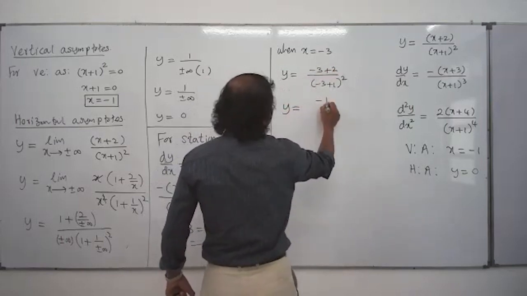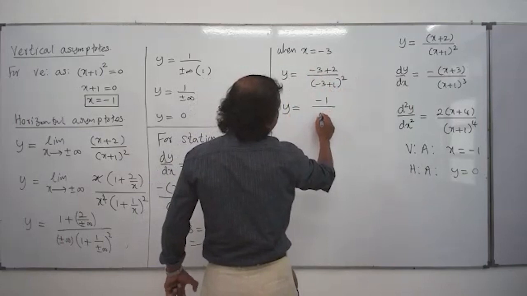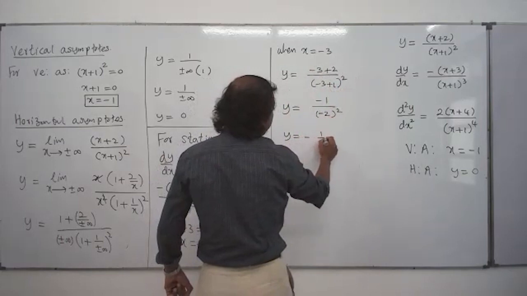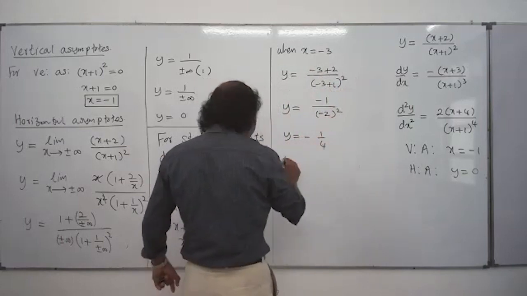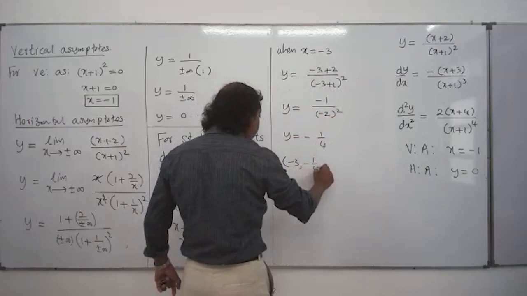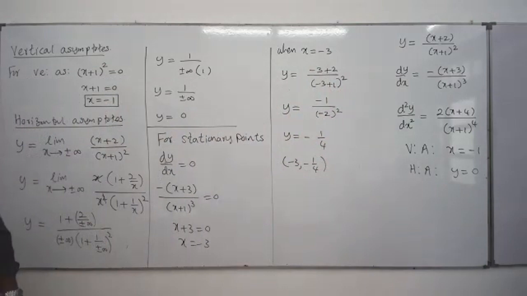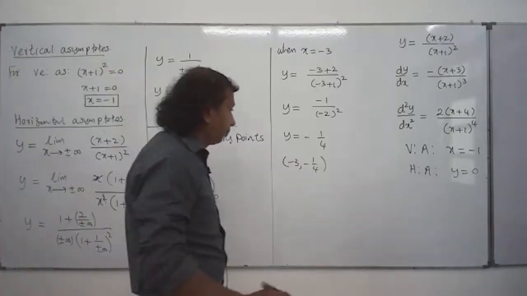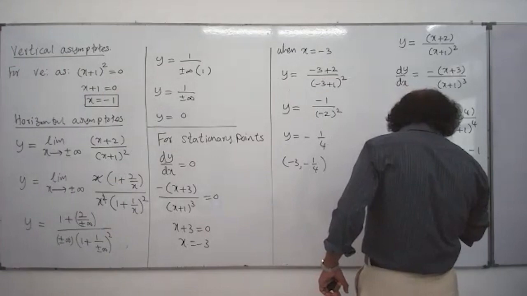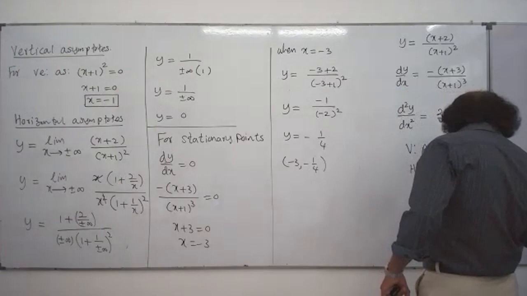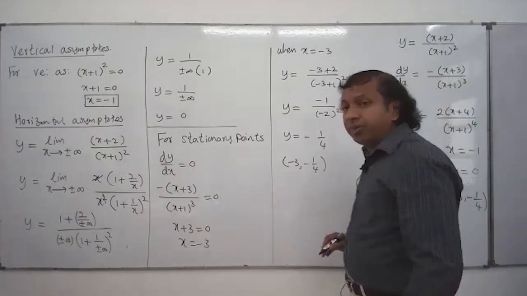Minus 3 plus 2 is minus 1, minus 3 plus 1 is minus 2, squared. y equals minus 1 upon 4. Then the stationary point is (minus 3, minus 1/4).